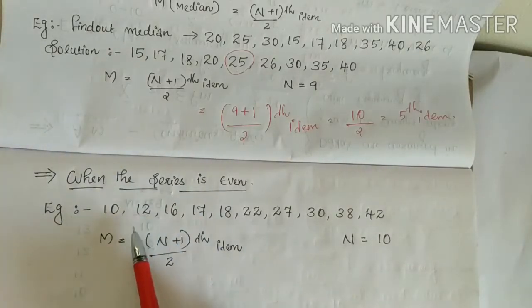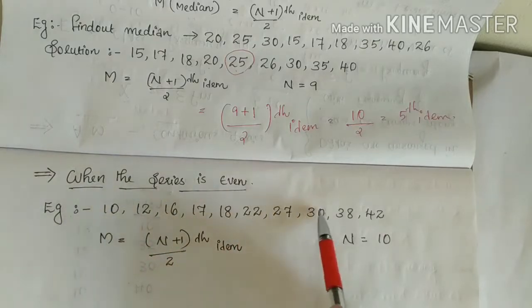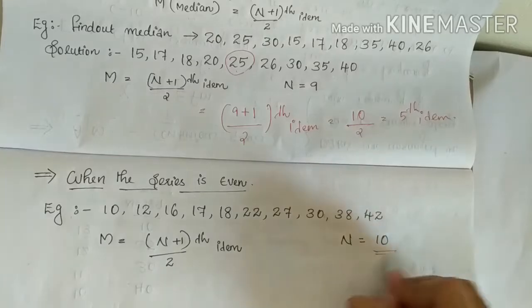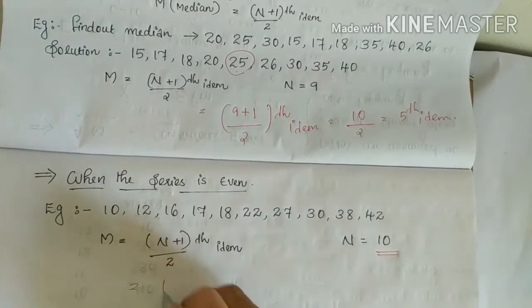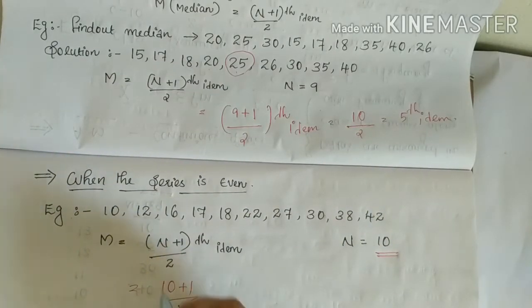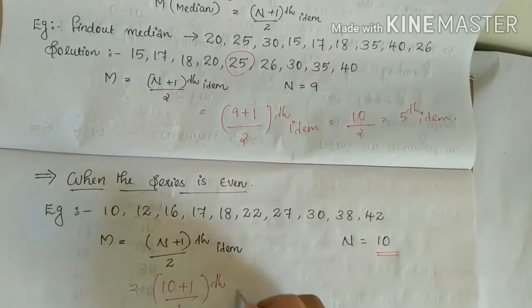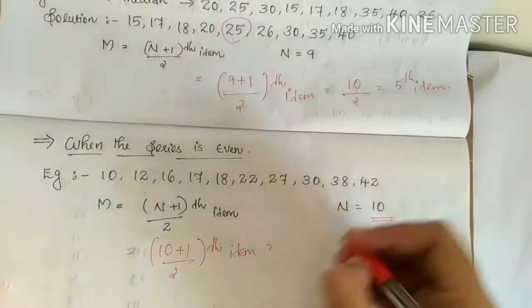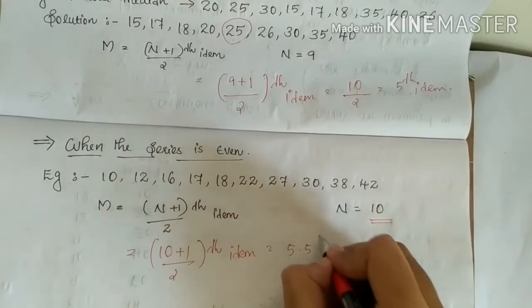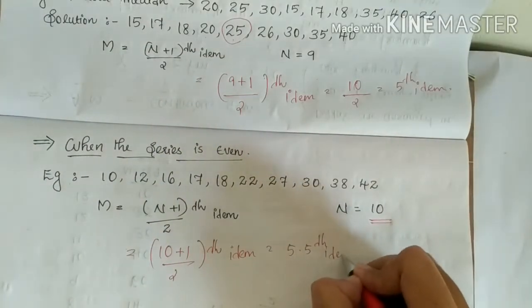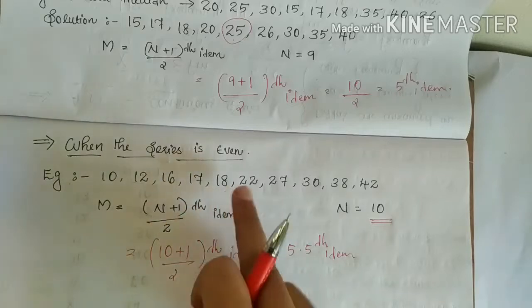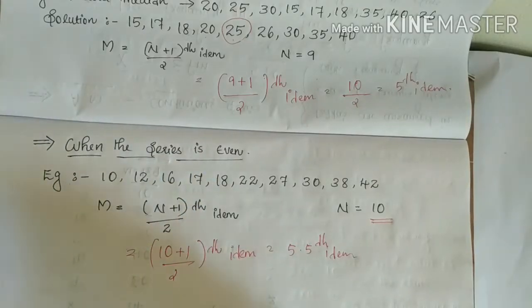Here what is the value of n? N is 1, 2, 3, 4, 5, 6, 7, 8, 9, 10. N is 10. Apply the equation: (10 plus 1) by 2th item, that is 5.5th item. We can't take the 5.5th item.